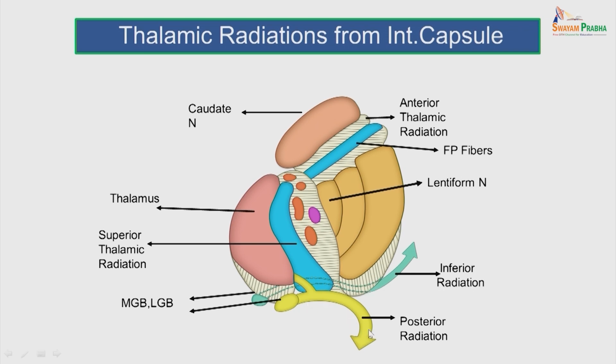Whereas the posterior radiation is from the retrolentiform part of the internal capsule, carrying the fibers from the lateral geniculate body. So, these are the thalamic radiations from the thalamus, then the internal capsule and then to the cerebral cortex, how they are distributed along with the various other ascending and descending fibers in the internal capsule.